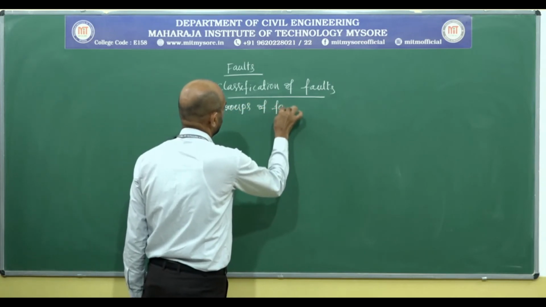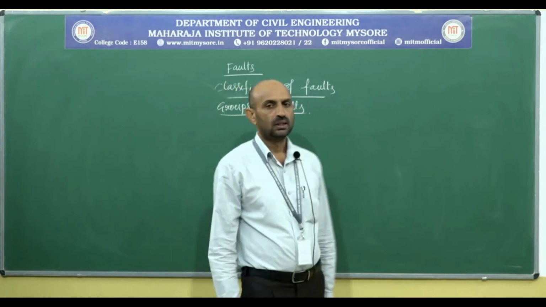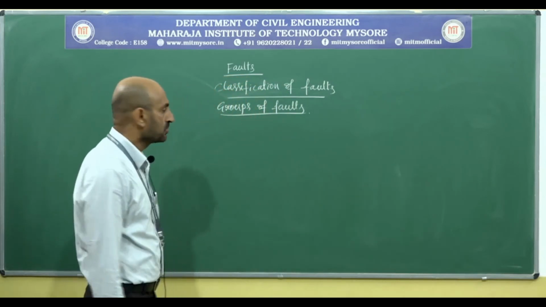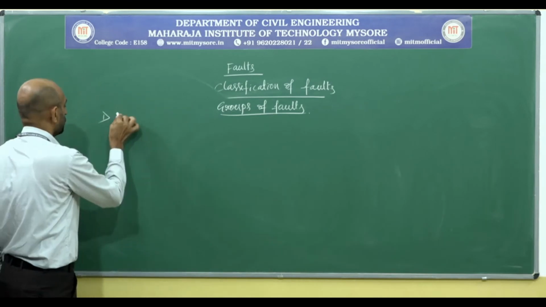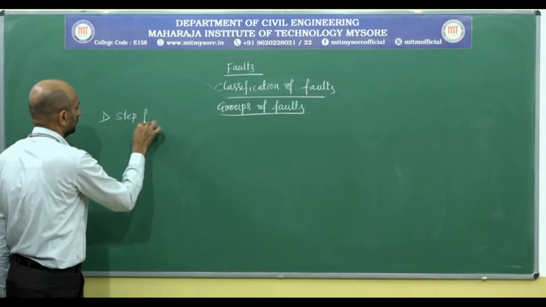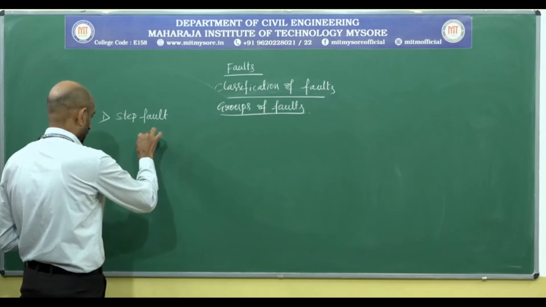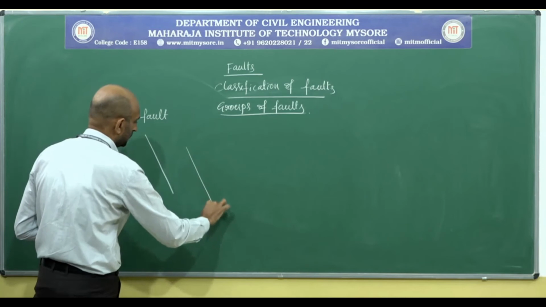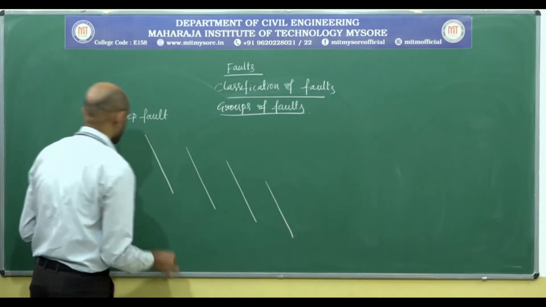The next heading is groups of faults. Following are the different types of groups of faults. Number 1, let us start with step fault. We are going to find a series of normal faults.